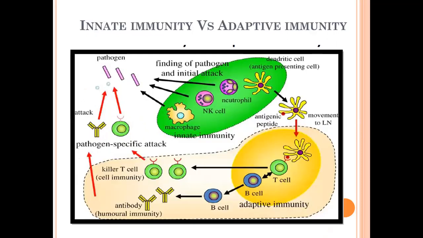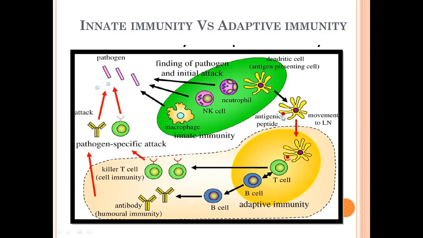Again, the same figure is shown here. There is an entry of pathogen. Whenever there is a pathogen entry, the initial attack is by neutrophils, natural killer cells, macrophages, and the intact epithelium along with the mucous membrane. These factors are known as innate immunity. After the initial attack, an antigen presenting cell known as a dendritic cell will be activated.